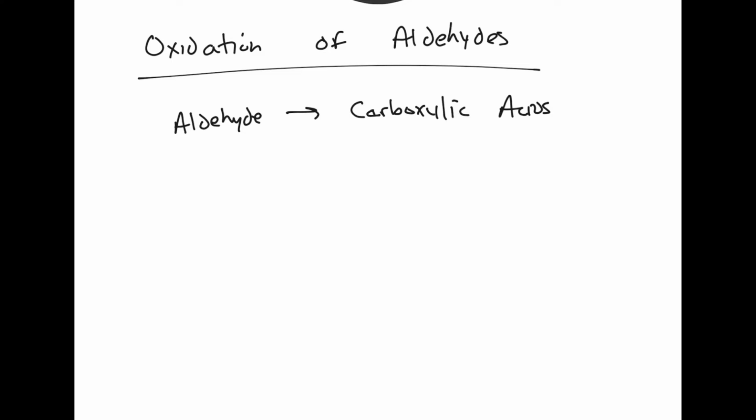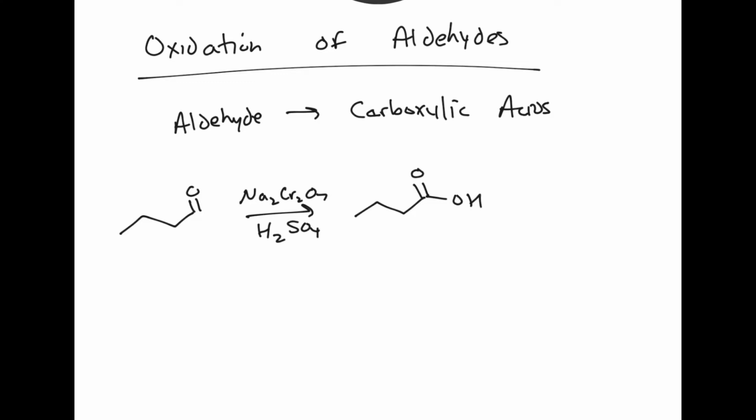So, right, we can take an aldehyde and we can do the sodium dichromate oxidation. And that can turn your aldehyde into a carboxylic acid.